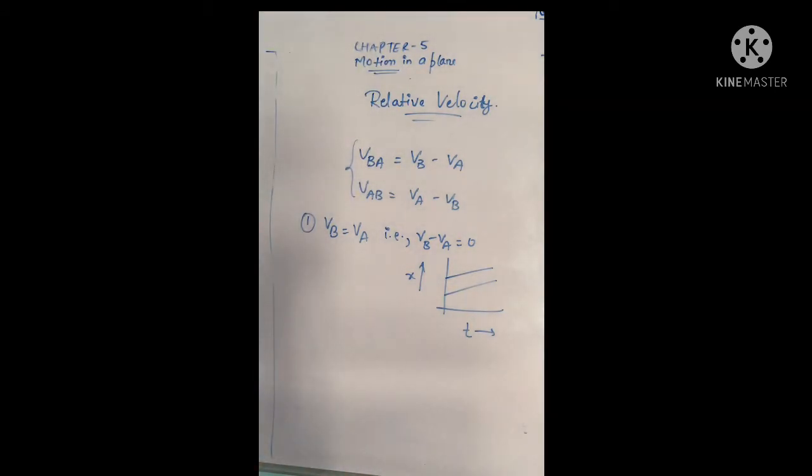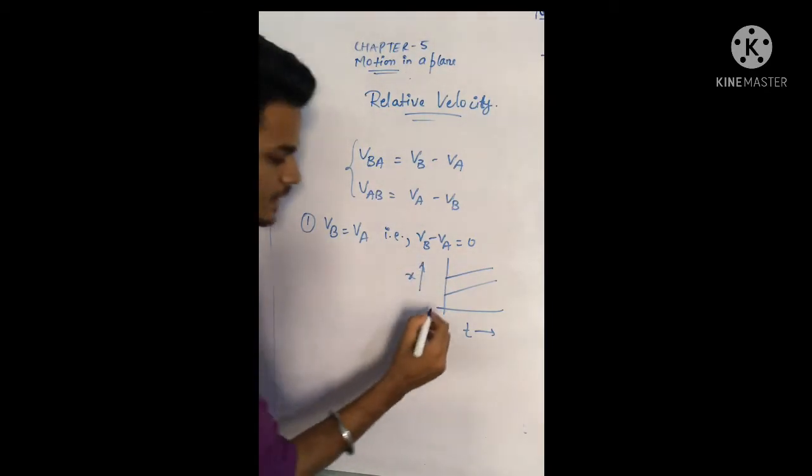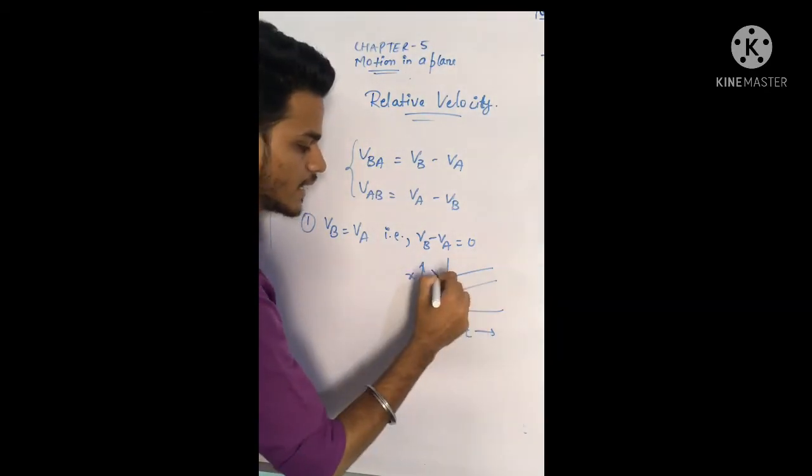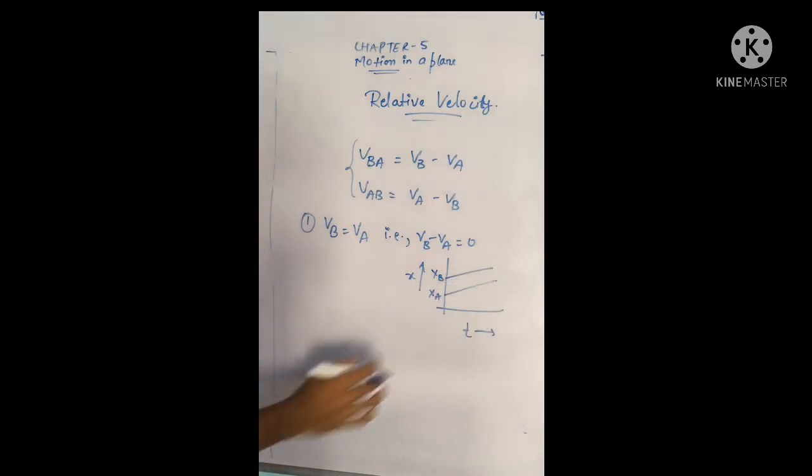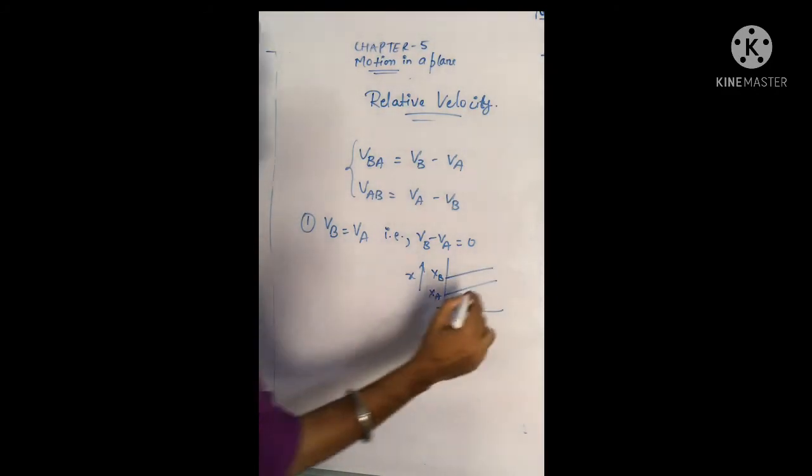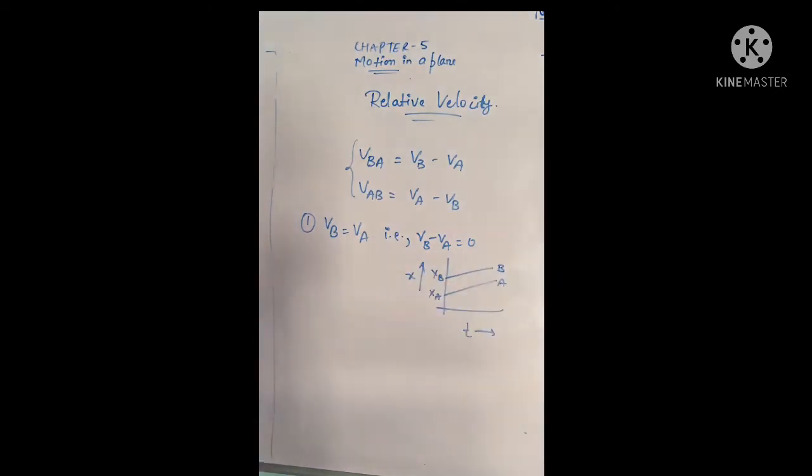different by a small distance, means both the lines will be parallel, that is xa and xb. This is for point a and this is for point b. This means that the two objects are moving in the same direction with the same speed.